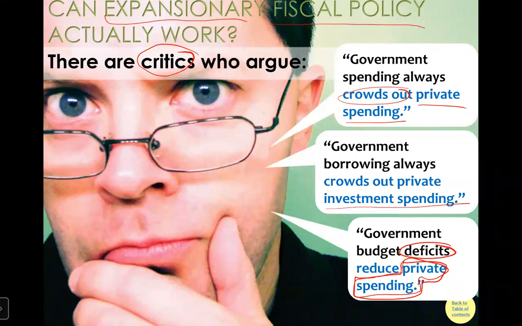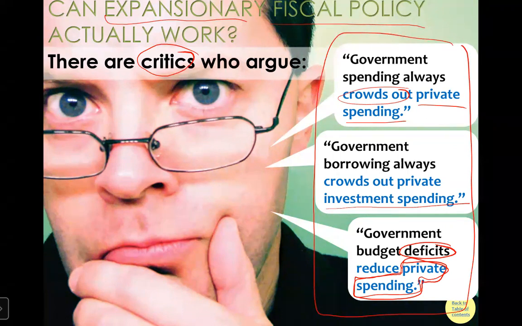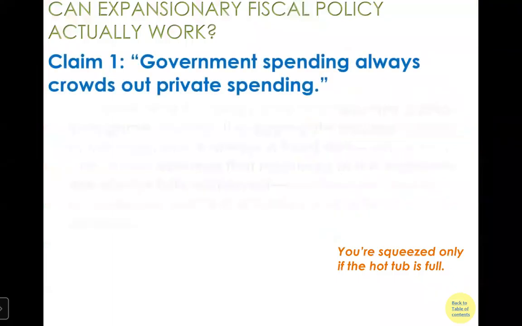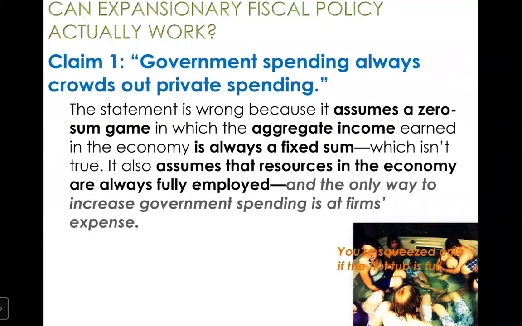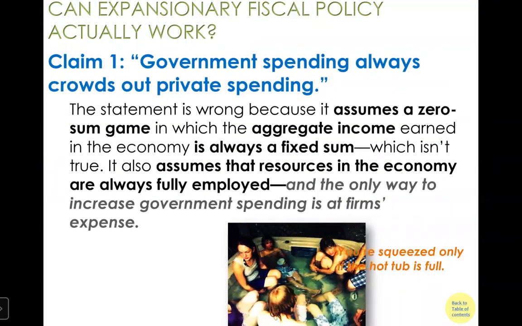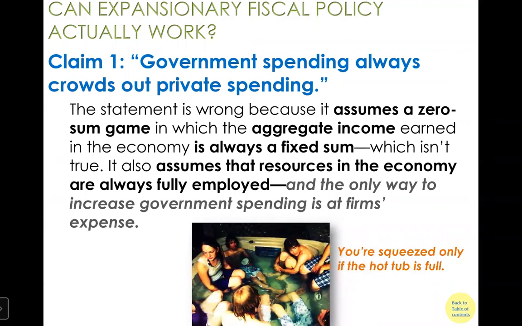So these three critiques hold under certain circumstances, but we also find cases where they may not be true. Now let's go one by one. The first critique: government spending always crowds out private spending. Use this background picture as an example to help you understand.